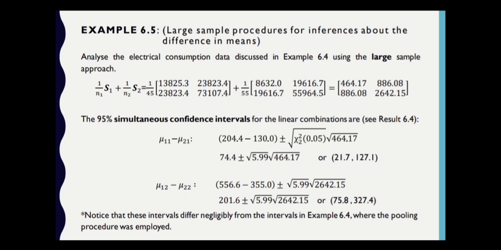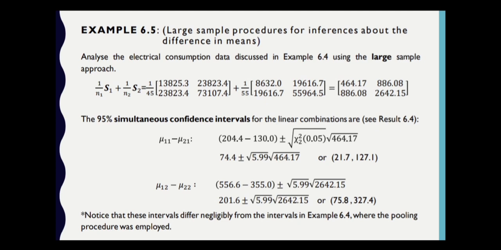Okay, so in order to use the large sample approach, we need to find the new variance covariance ataupun estimate of the big sigma. Okay, we have this. Nanti boleh check.